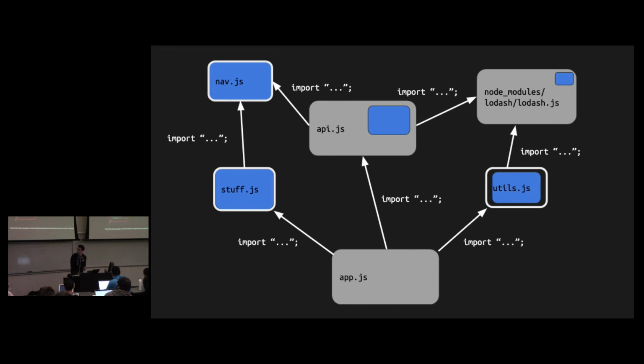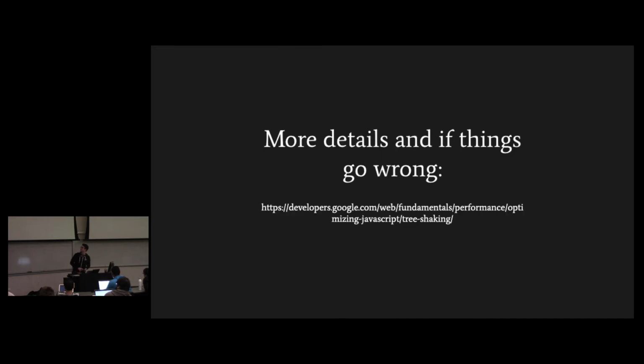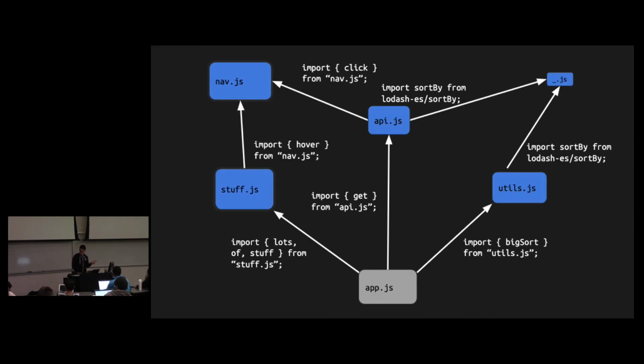And a great resource for that is this, which is a post by Google. You can just literally Google "Google developers tree shaking." This comes up. This has a lot of the very quick ways to solve those problems, essentially. But now we can see the results of what we've done. So instead of a couple of massive files, we've significantly reduced the size of any given file that we're importing.